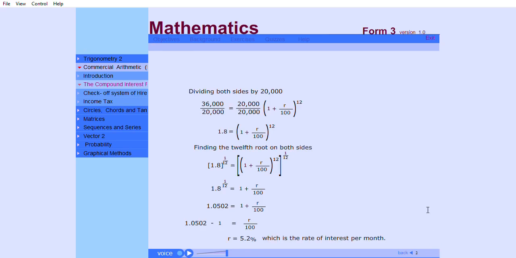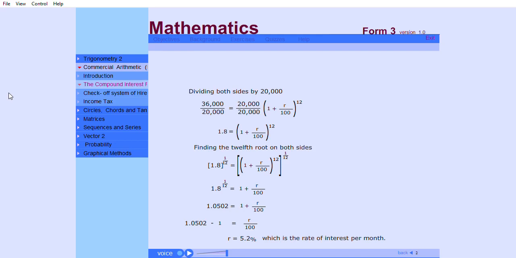Dividing both sides by 20,000, this becomes 36,000 divided by 20,000, which is equal to 20,000 divided by 20,000 multiplied by, in brackets, 1 plus rate percent to the power of 12. 1.8 is equal to, in brackets, 1 plus rate percent raised to power 12.